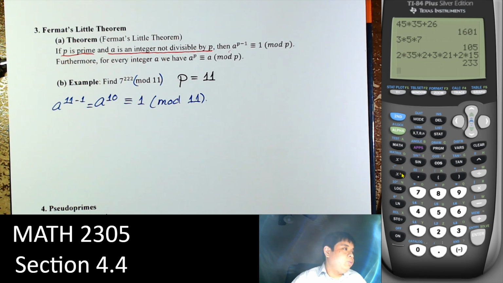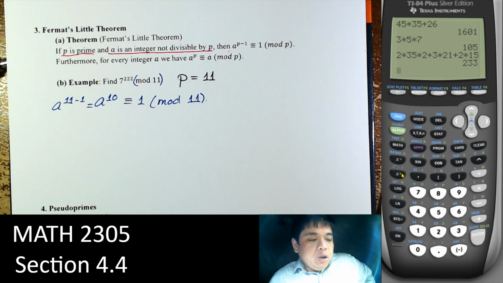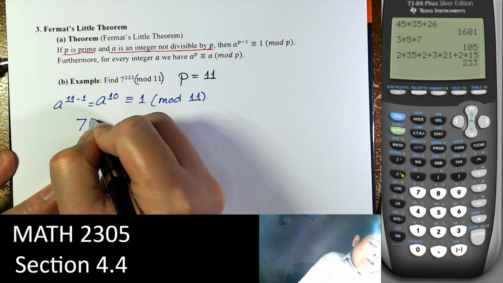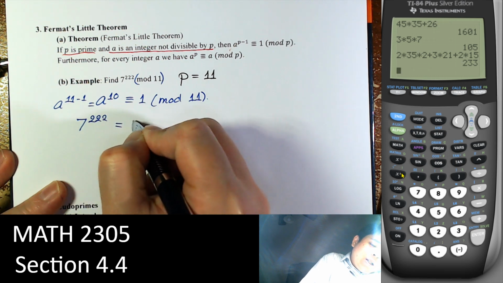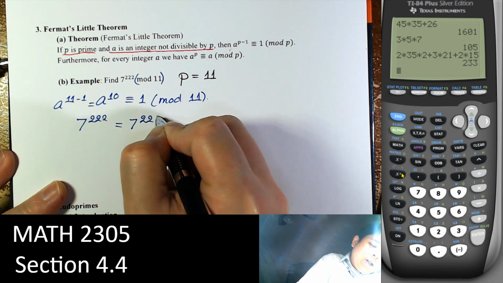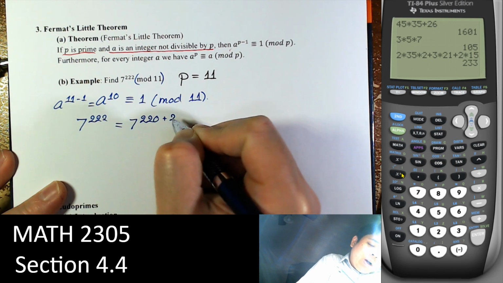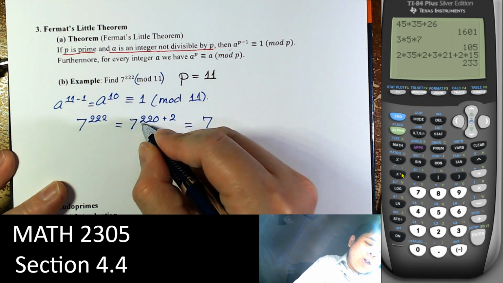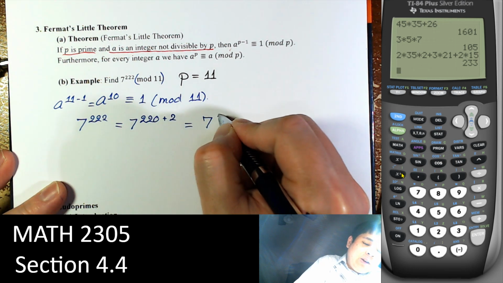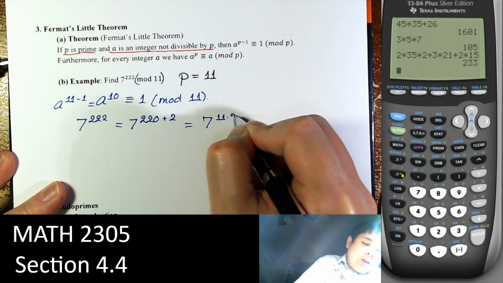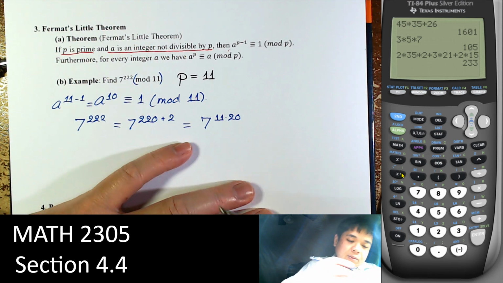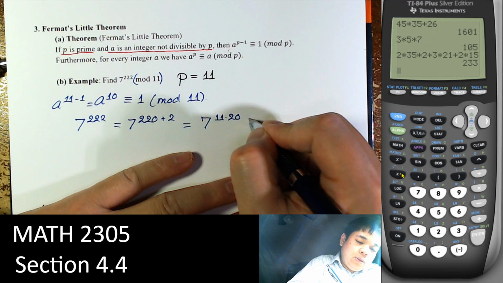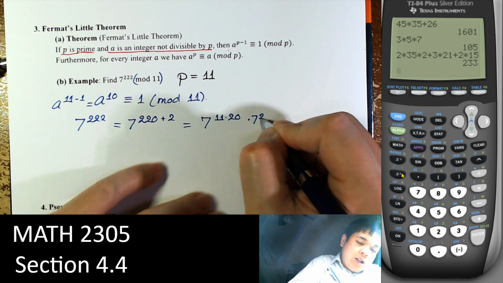So here we can write 7 to the 222 as 7 to the 220 times 7 squared, plus 2 in the exponent. What is important here is that 220 is 11 times 20, that gives us 220, and then the 2 by itself.